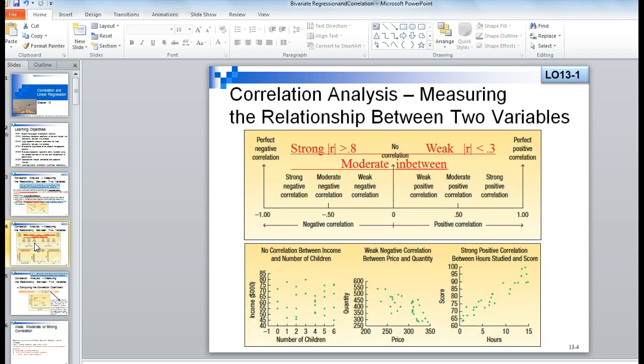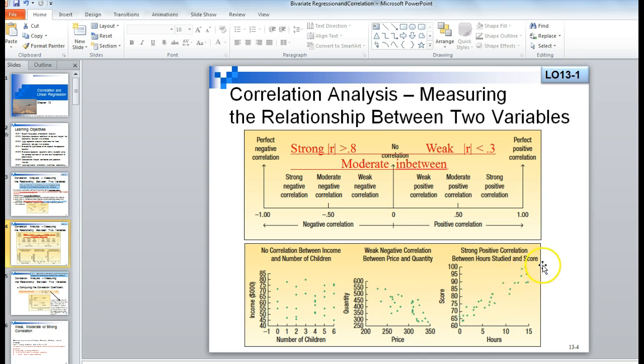Let's talk a little bit more about it. So let's just say we have a bunch of data. We've got hours studied and score. So as hours go up, it tends to be that students' scores go up as well, right? There tends to be a strong positive relationship with these data. This is a negative relationship, but it's hard to tell what's going on.